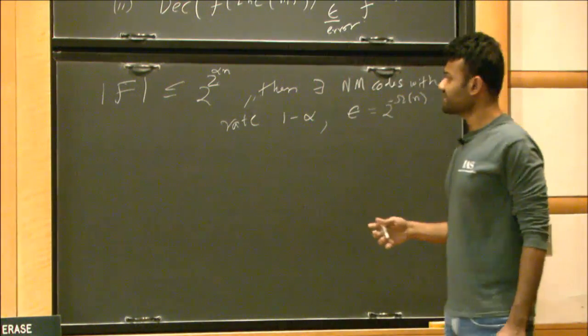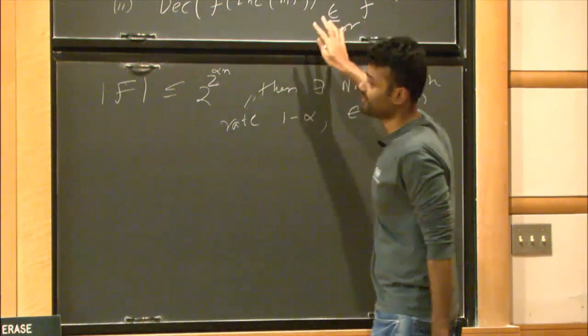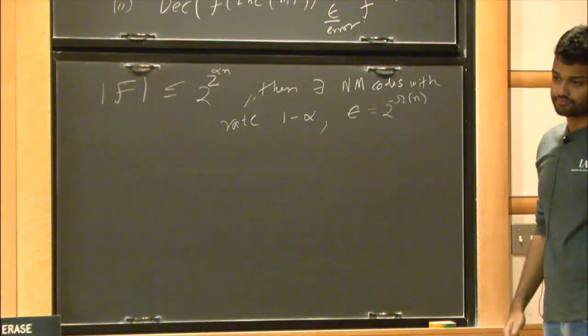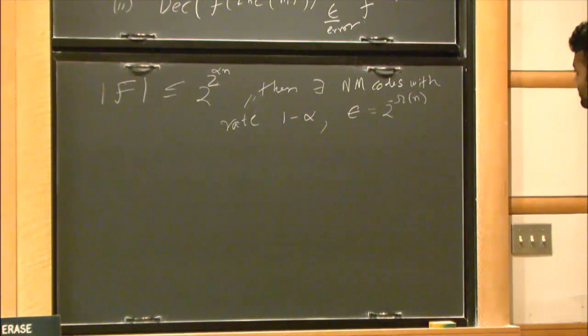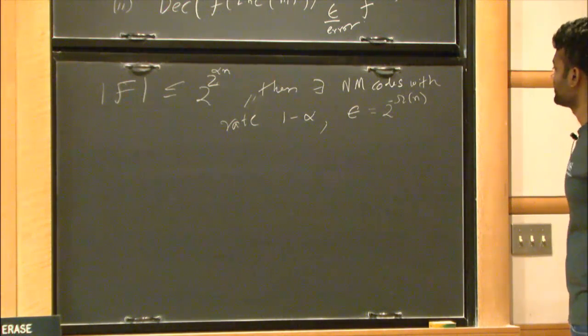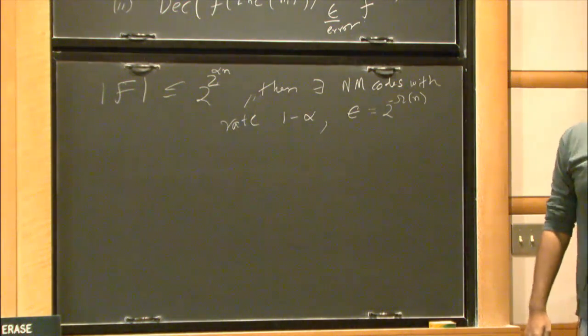And there's this really nice connection between seedless non-malleable extractors and non-malleable codes. But just a second, this statement is existential, just probabilistic counting. Non-malleable encryption solves this in some way.